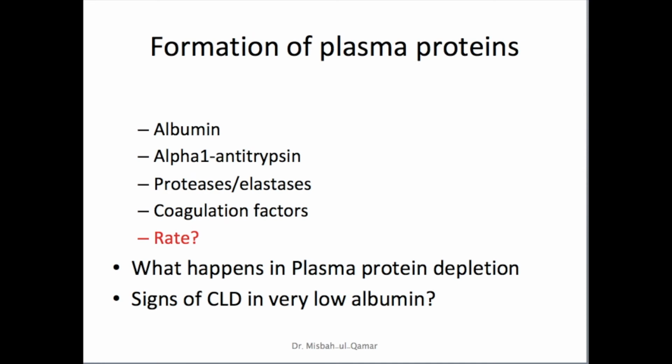So even if half plasma proteins are lost somehow, liver can replenish in 1 to 2 weeks. Plasma protein depletion causes liver enlargement by rapid mitosis of hepatic cells with resultant rapid output of plasma proteins. In chronic liver disease, for example, in cirrhosis, edema and ascites occur due to very low albumin.